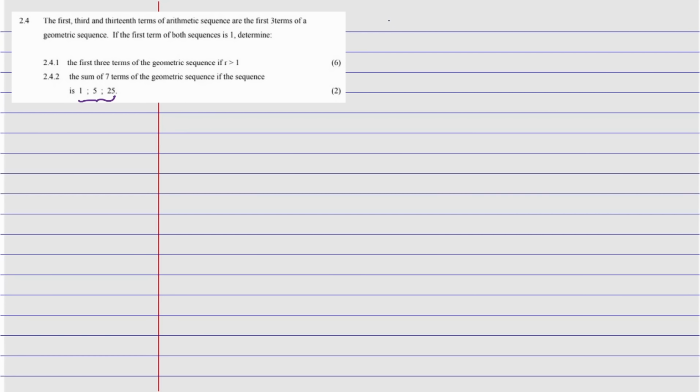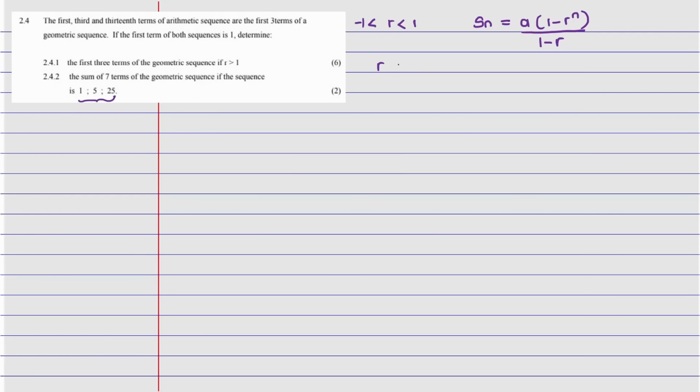When R is between -1 and 1, meaning R is a fraction, like 1/2 or 0.5, the formula for Sn is going to be A times 1 minus R to the power n, divided by 1 minus R. Remember? That is just the basics from when we were introducing geometric sequences, right?